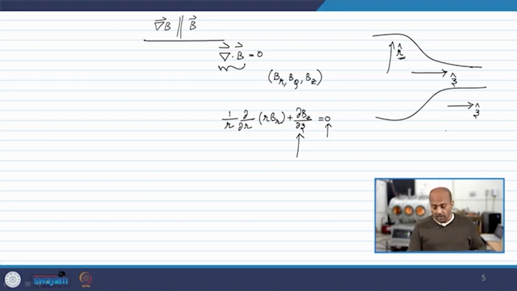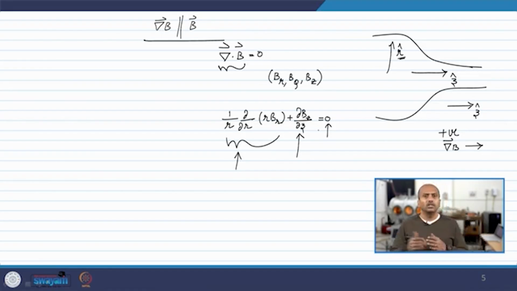That means there is a positive gradient in the magnetic field in this direction. So, if this dou Bz by dou z is positive, or if it exists, it has to create this additional term. This additional term has to compensate for this so as to make the sum 0.